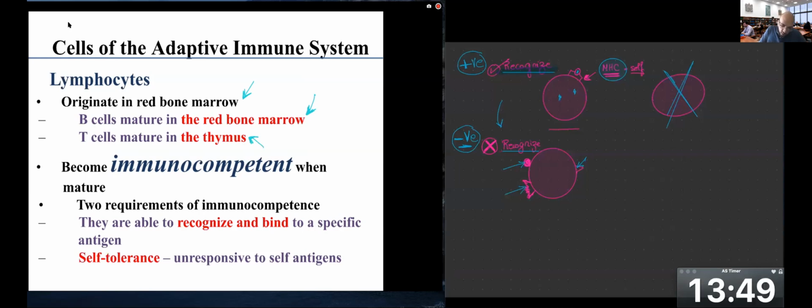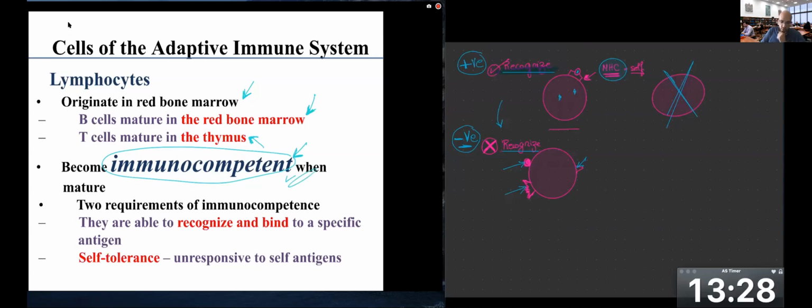Now, those cells are called immunocompetent cells when they graduate. But in order for them to graduate, I need to make sure that they won't attack me.